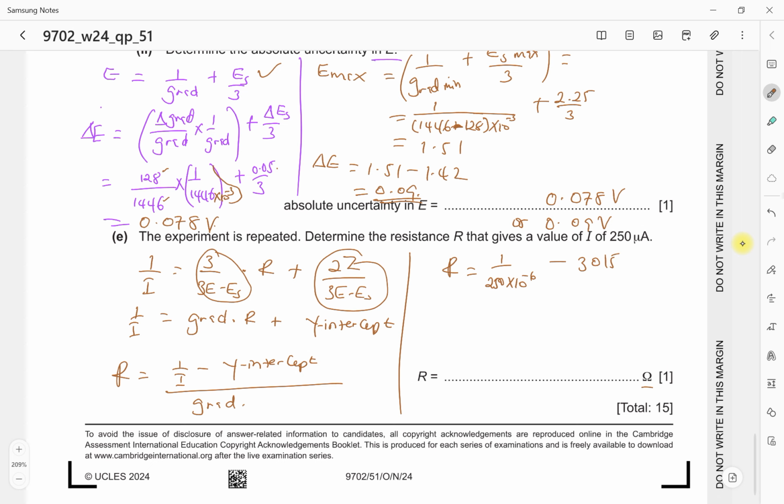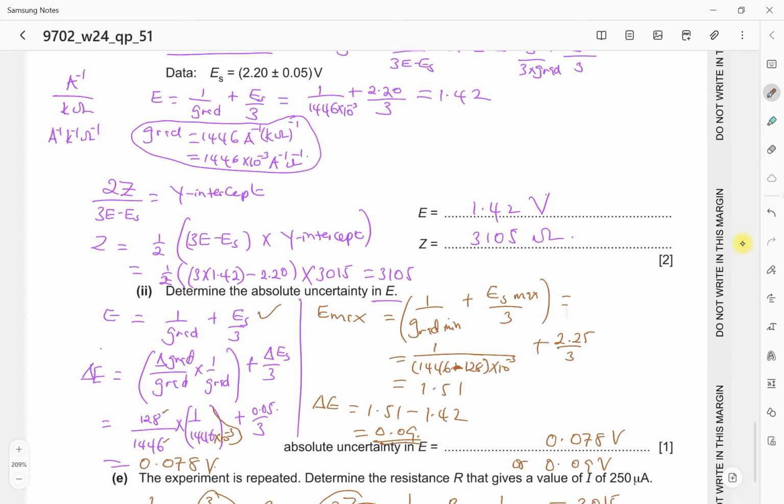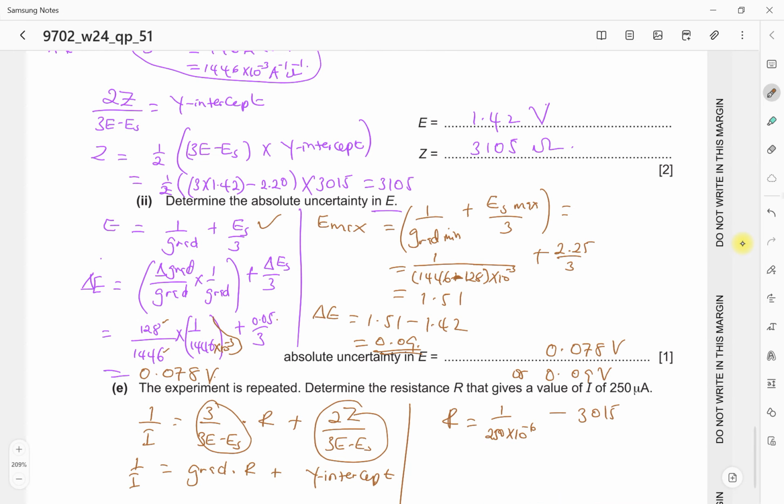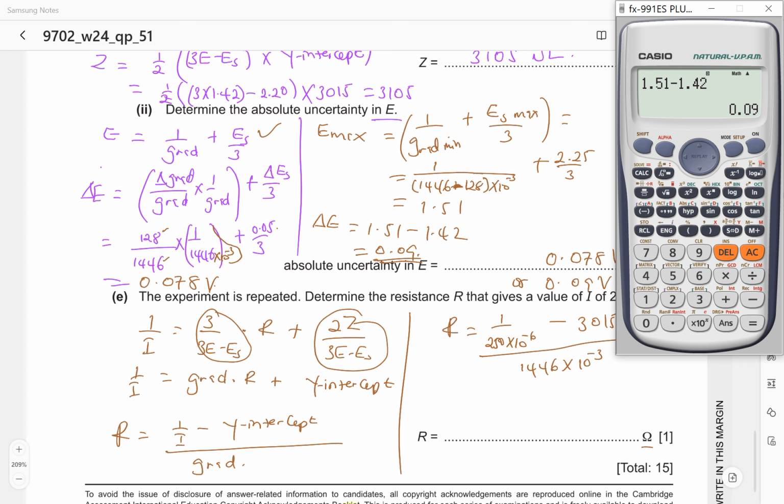Then divide this by the gradient. Of course, the gradient was not in SI units, so the gradient of 1446 I'll multiply by 10 to the power of minus 3 to change it into SI units.